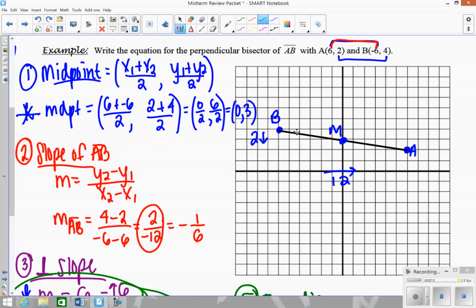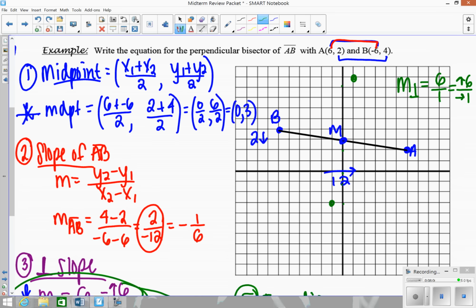Now up top here, if you wanted to finish this up, well, we know that the slope of the original is negative 2 over 12, or negative 1 over 6. So if I want to find the perpendicular, remember the perpendicular slope was positive 6 over 1, so up 6, right 1. So to graph it, you would count up 6, so 1, 2, 3, 4, 5, 6, over 1, and then do the opposite, 1, 2, 3, 4, 5, 6, down 1.